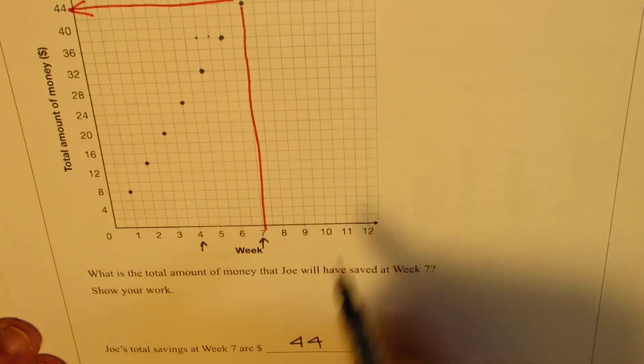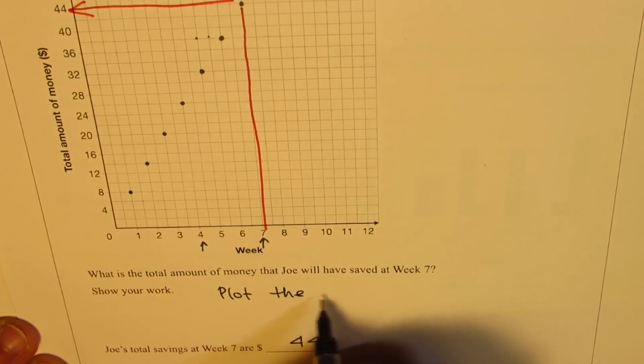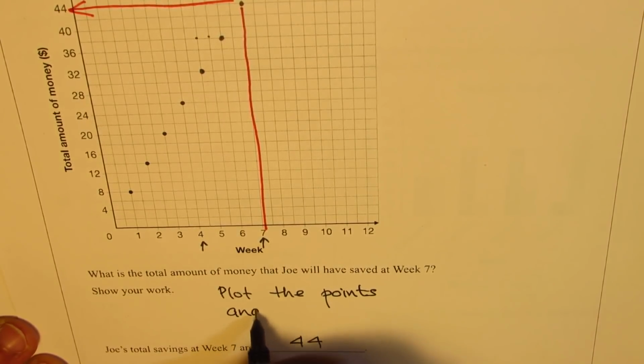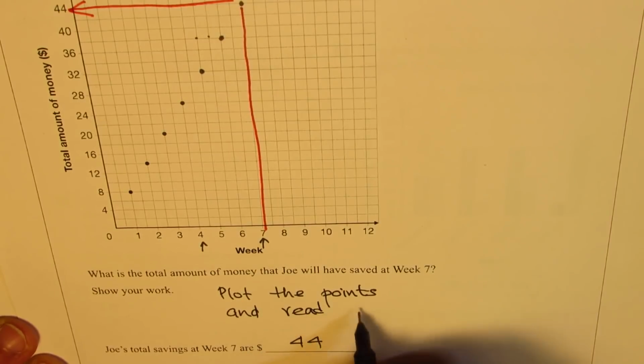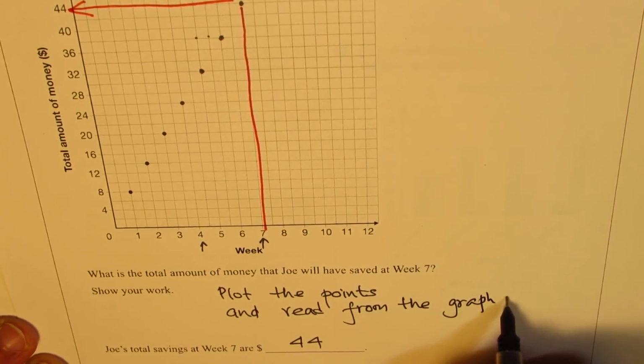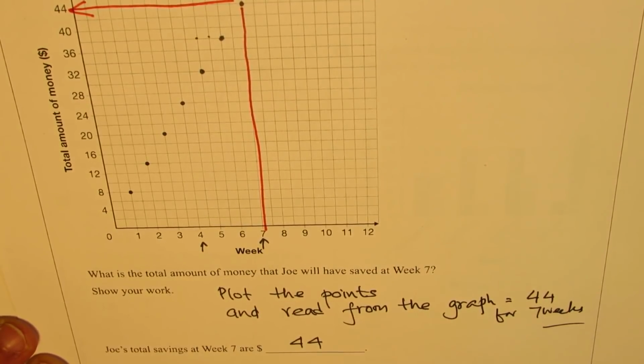The work is shown right there, so we'll plot the points and read from the graph, correct? Which is 44 for 7 weeks. So that is how we are going to get the answer.